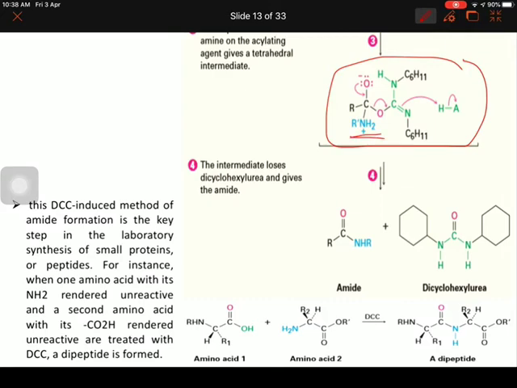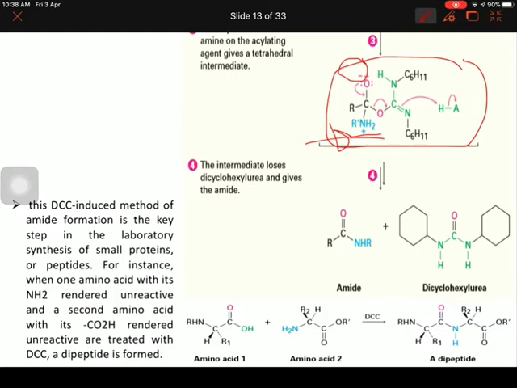Now the amine has one additional bond, so a positive charge appears on the nitrogen because it has four bonds, and the double bond opens toward the oxygen to give a negative charge on the oxygen. This intermediate is not stable.